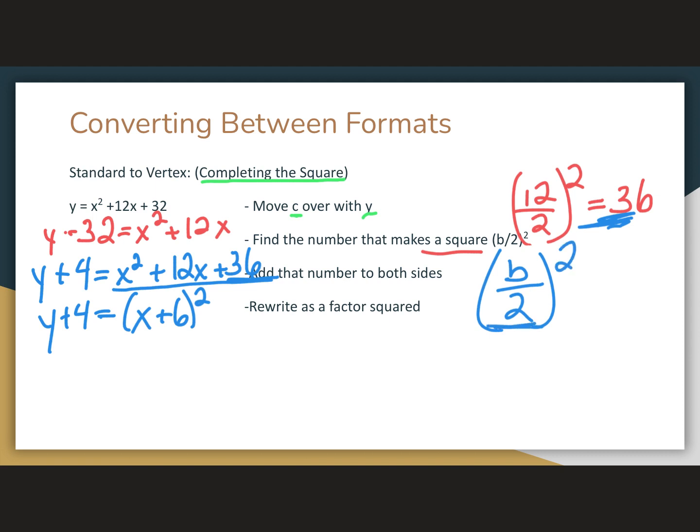B divided by 2 will be what you put there with your x. But now I need to get rid of the plus 4 over here, so I'm going to subtract 4. So now I have y equals x plus 6 squared minus 4. And now I'm in vertex form. In this case, the vertex would be -6, -4.